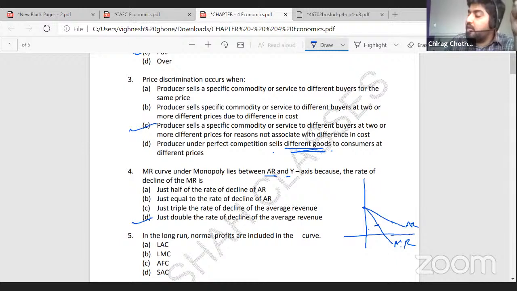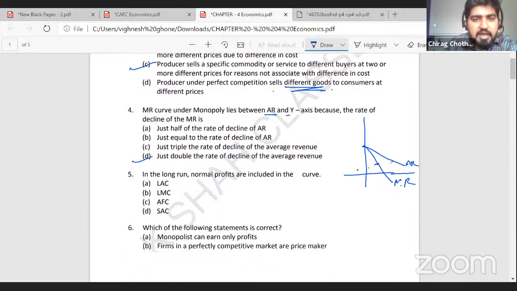Because if it is at half the distance of AR, that means the distance between AR and the Y axis, if it is half of that, then we will go for A. But if the question asks about the rate of decline, then we have to select just double the rate of decline, because it is falling at a rate which is double that of AR. That's why it is cutting half of it. Okay, so that's about MR and AR.